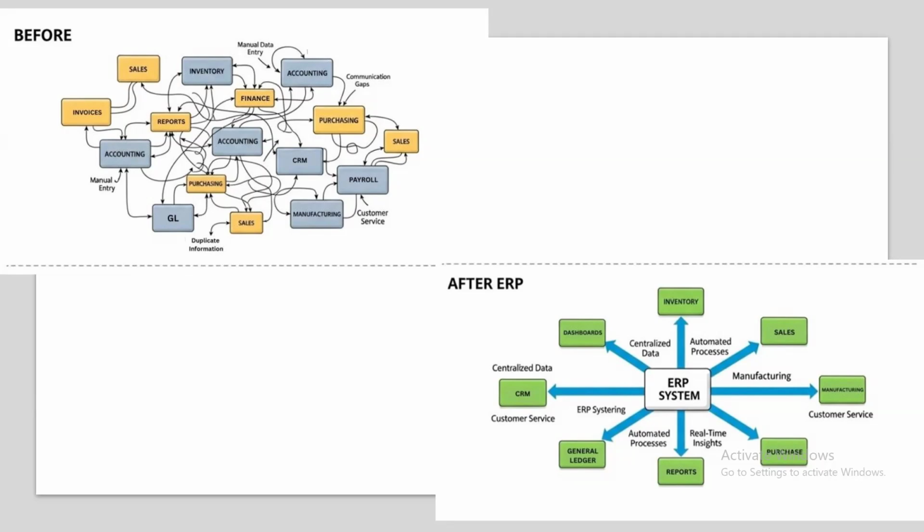Before ERP existed, activities at each department level, sales, purchase, inventory management, accounting, marketing, all kinds of activities, were on different systems in different departments. They used to sit somewhere and the activities were very clumsy.